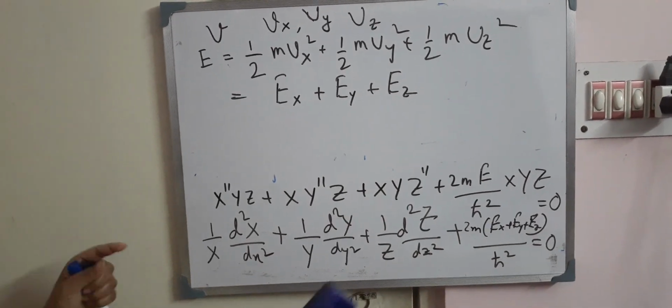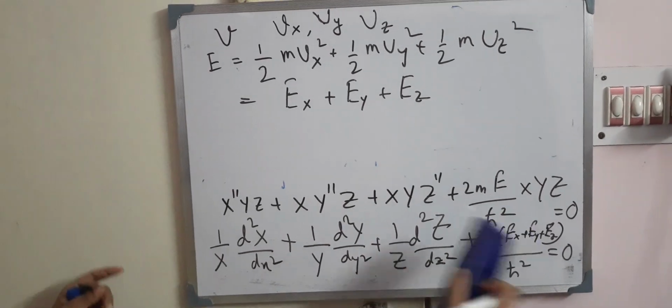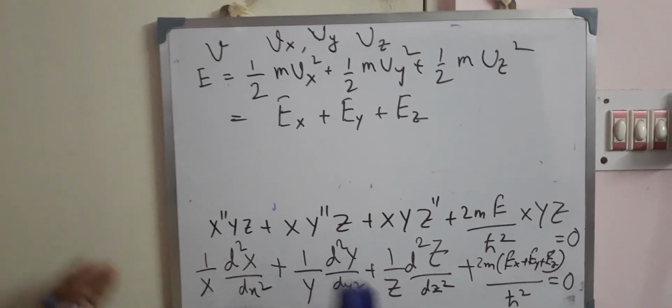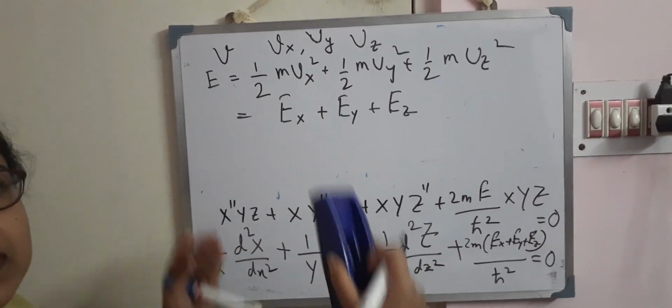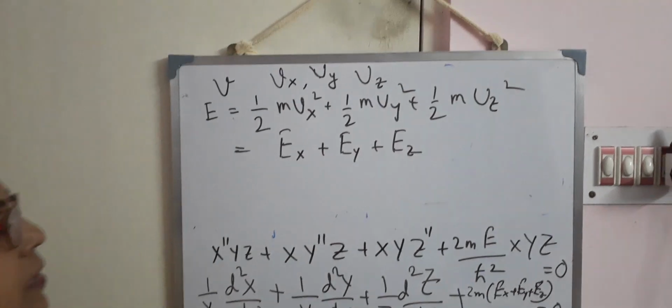So now I can write this equation as a sum of a function of x plus a function of y plus a function of z.